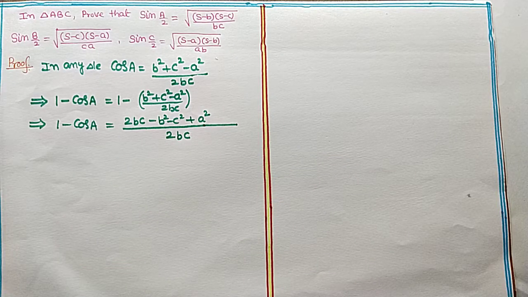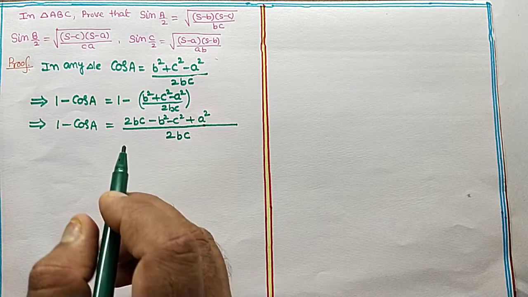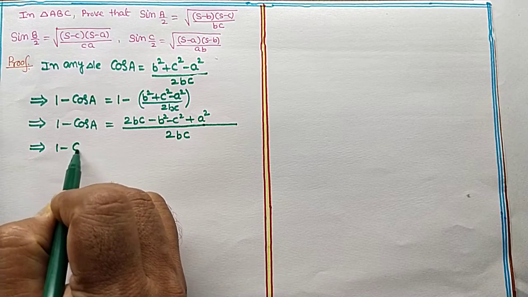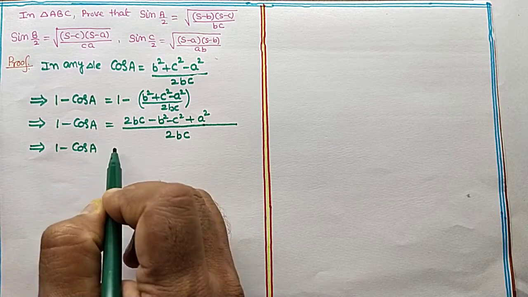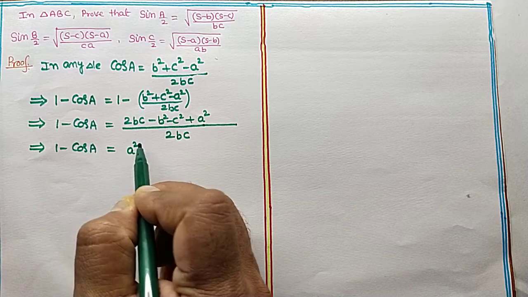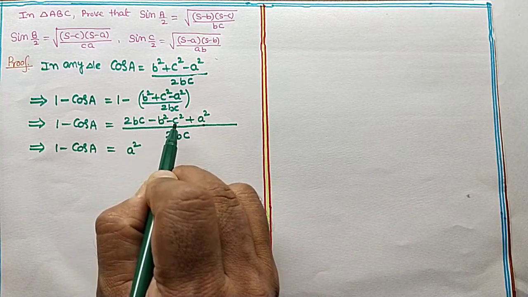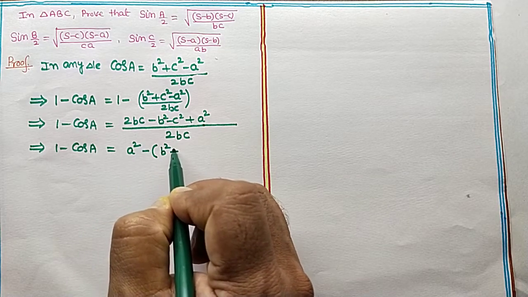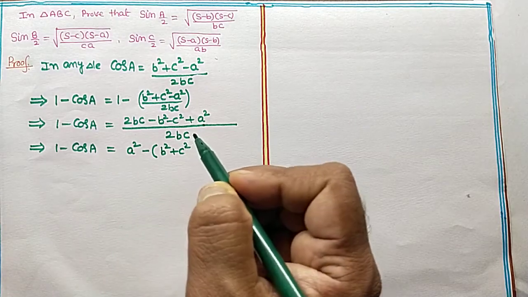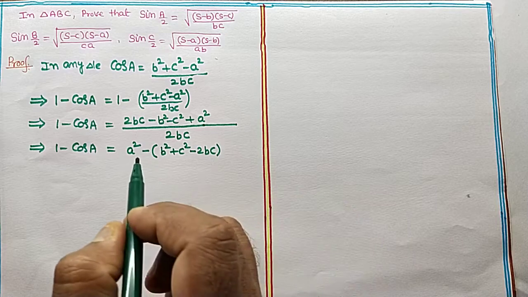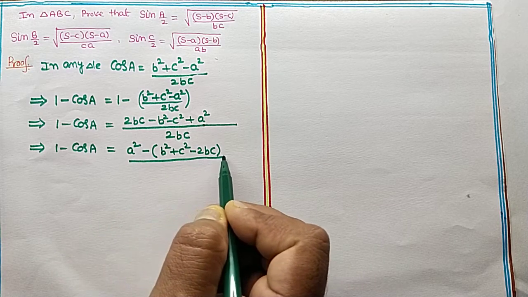This is the value of 1 minus cos A. After that, 1 minus cos A equals first a square, and from the other three terms I am taking common minus. We can write it as a square minus (b square plus c square minus 2bc), divided by 2bc.